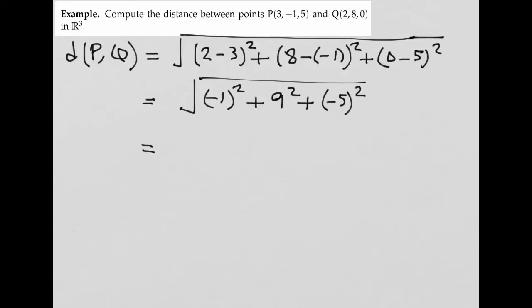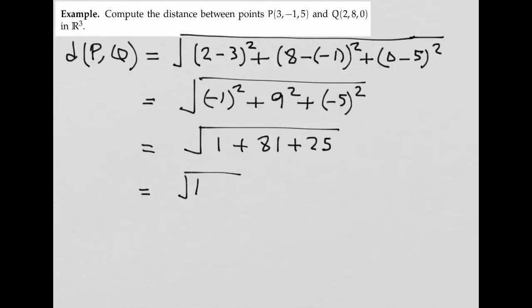That's equal to the square root of 1 plus 81 plus 25, which is equal to the square root of 107. That is the distance between points P and Q.